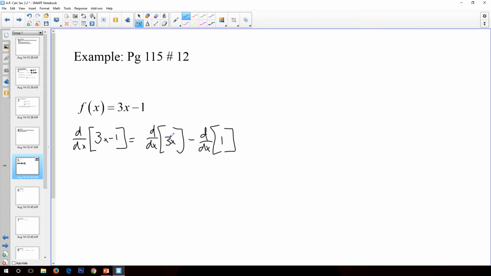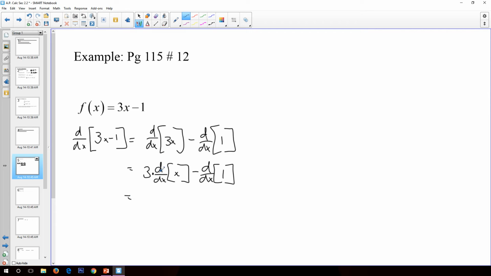Now, the constant multiple rule says that if I take a constant times some function, so 3 times the function x, I can bring that constant out in front. So I can rewrite this as 3 times d over dx of just x minus d over dx, the derivative with respect to x, of just 1.